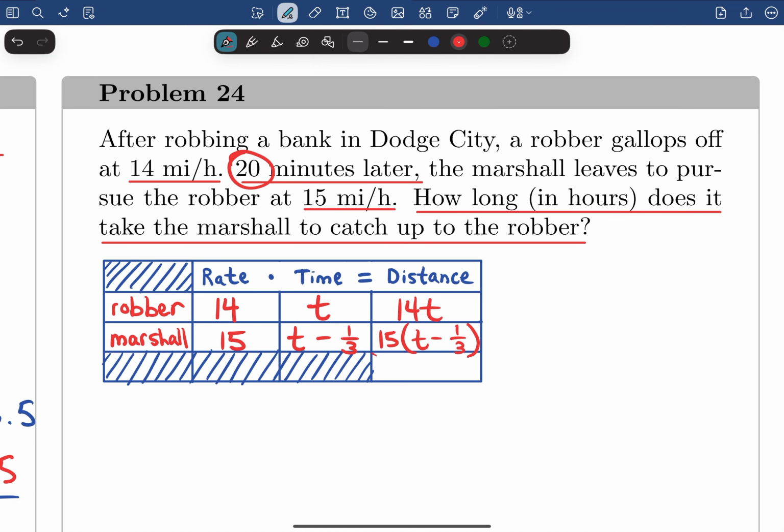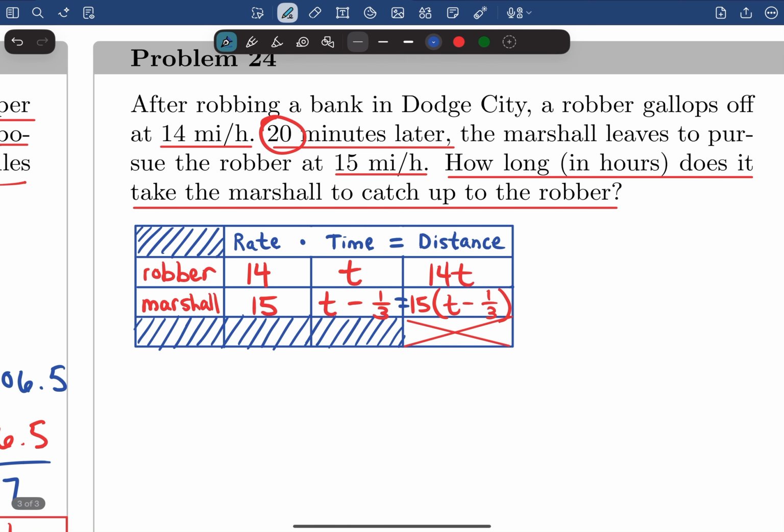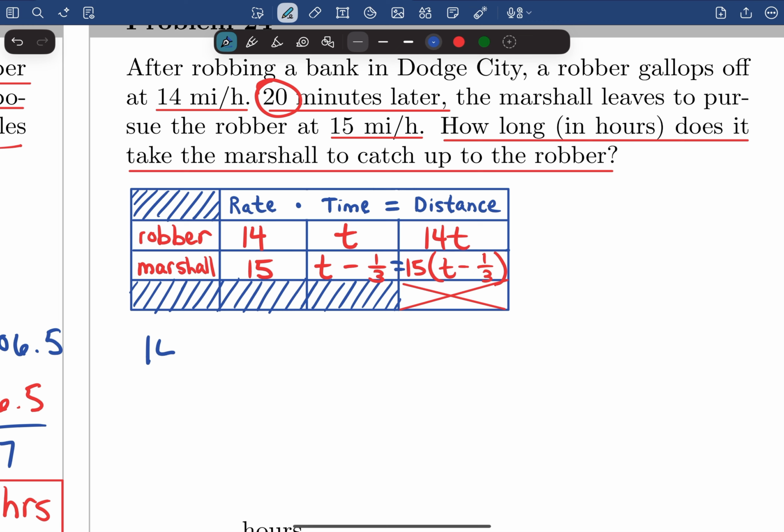Their total distance that they both travel is going to be equal to each other. So we're going to set these pieces equal to solve. I write the equation 14t equals 15 times t minus 1/3, and I solve this equation for time t.